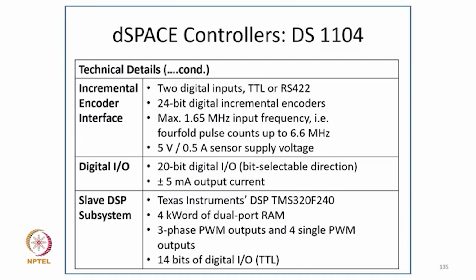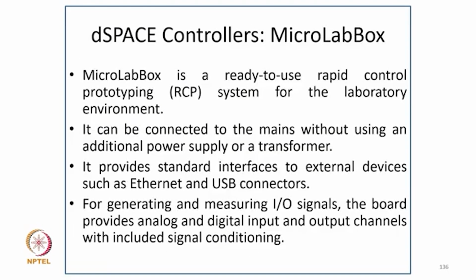Digital IO is 20-bit digital IO with selectable direction, plus minus 5 milliampere output current, and the slave DSP subsystem is a Texas Instruments DSP TMS320F240, 4 kilobyte words of dual-port RAM, 3-phase PWM output, 4 single PWM outputs, and 16-bit digital IO TTL.